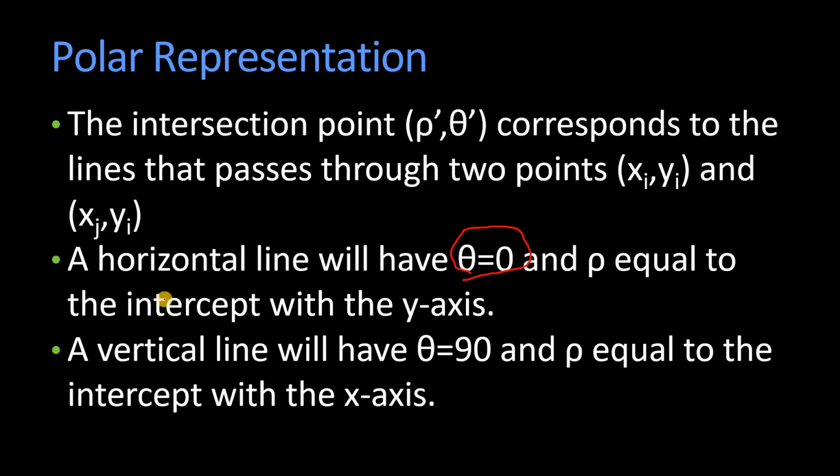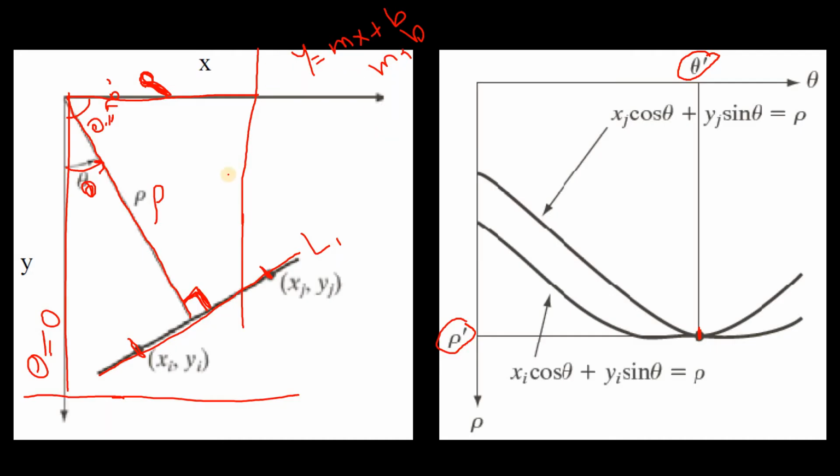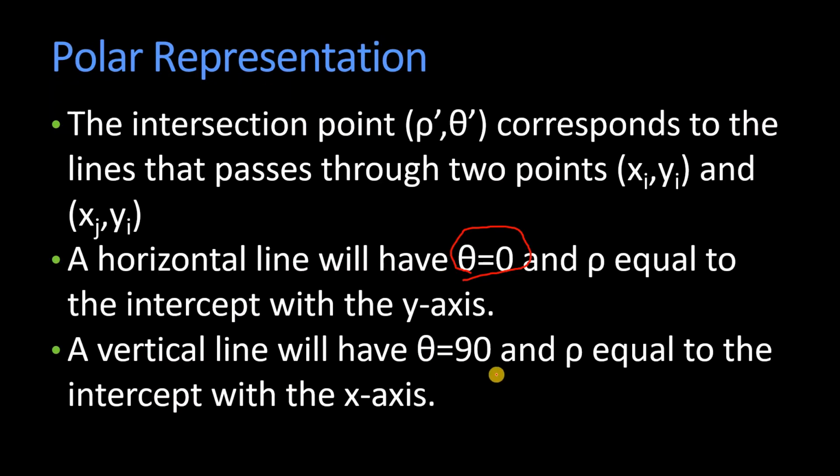You can measure how far it is from the origin. And a vertical line, which I drew earlier, has theta equal to 90, whereas rho is equal to the intercept with the x-axis, where it cuts the x-axis. Clear? So this is the polar representation.